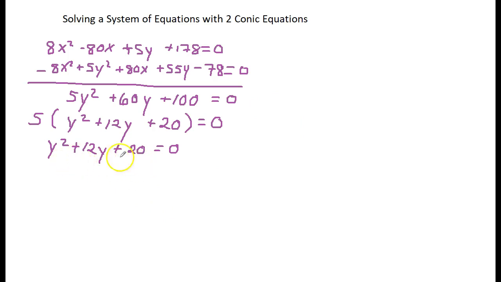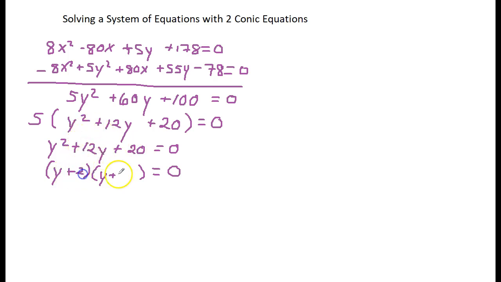Now, I'm going to factor this. This is factorable. I have a y and a y. Everything's plus, so plus, plus. And numbers that multiply to give me 20, but when I add them I get 12.